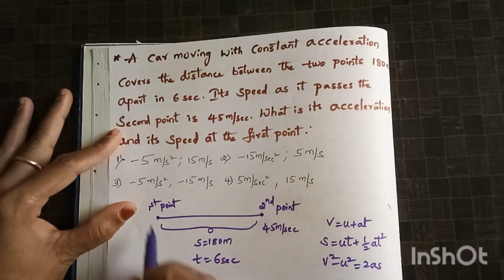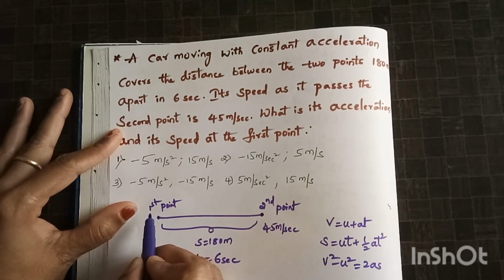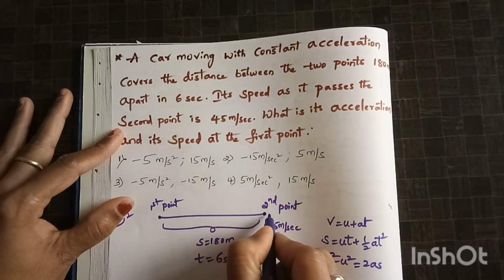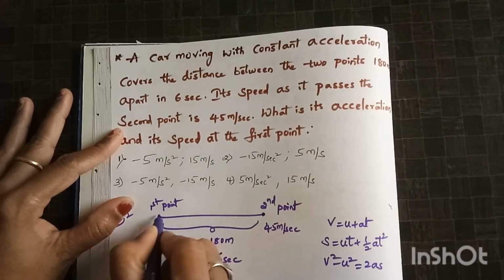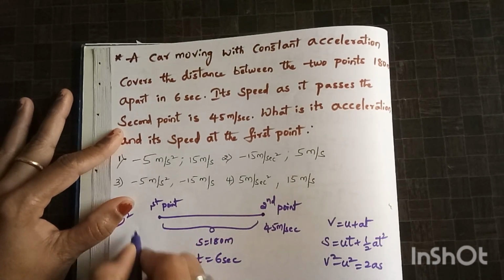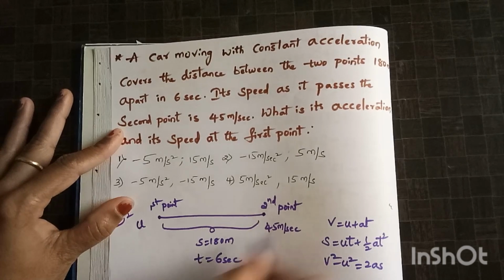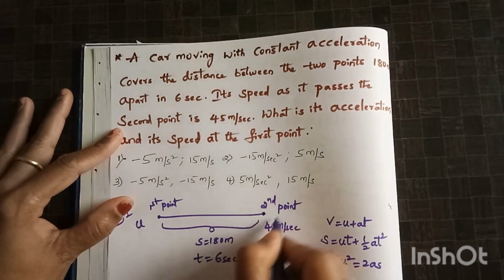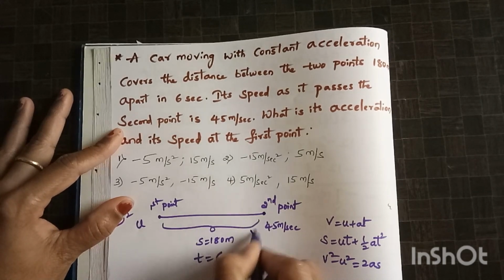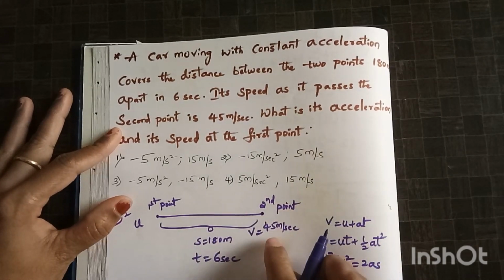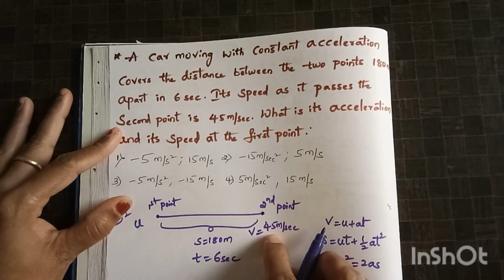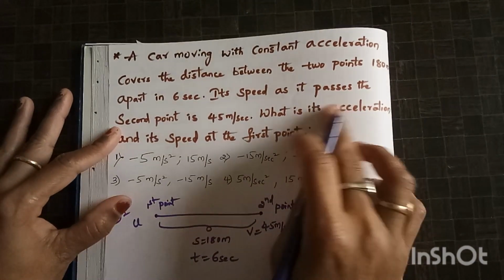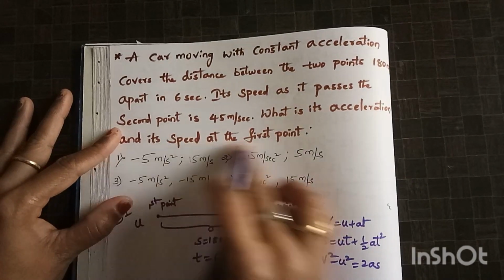You can observe that the first point is the initial point, and the second point is the final point. At the initial point we have a speed or velocity u, and at the second point we have a velocity or speed v. At the second point they have given speed 45 meter per second. So what is the acceleration and speed at the first point?